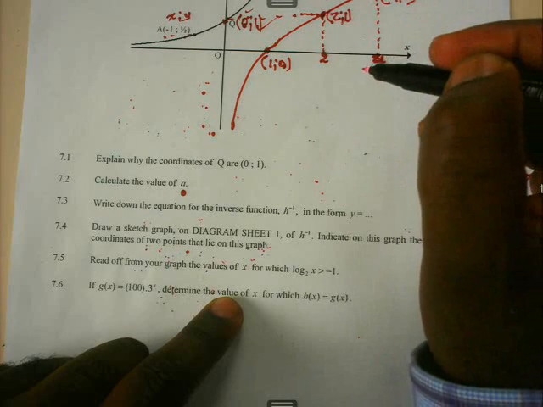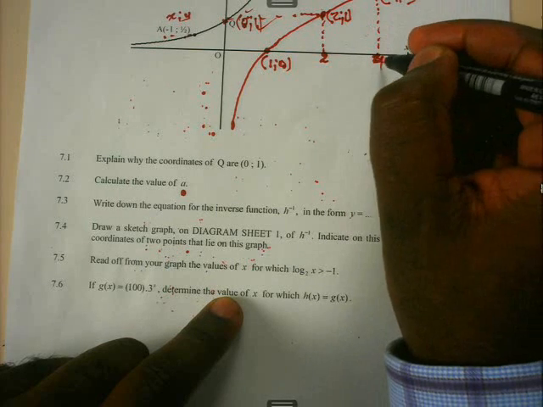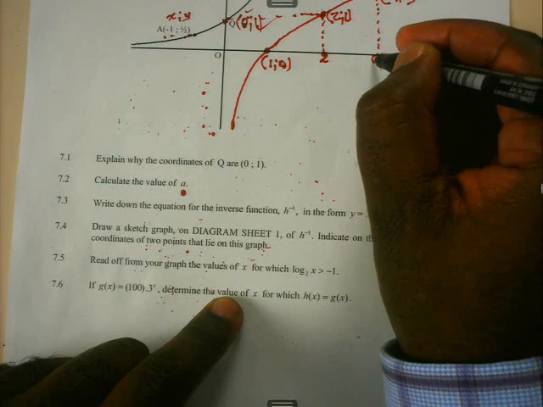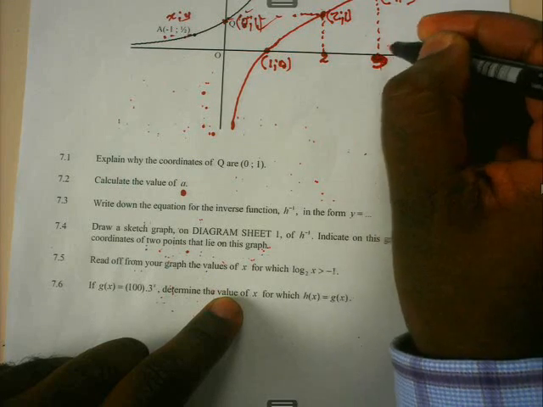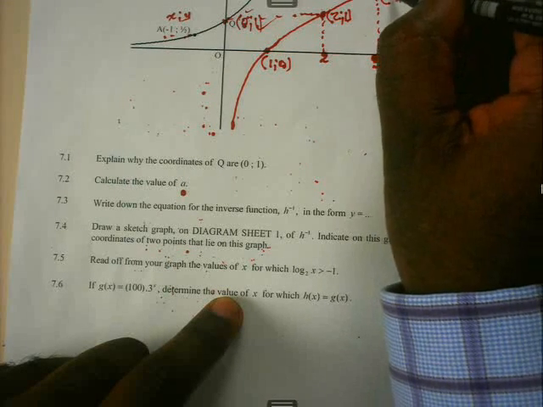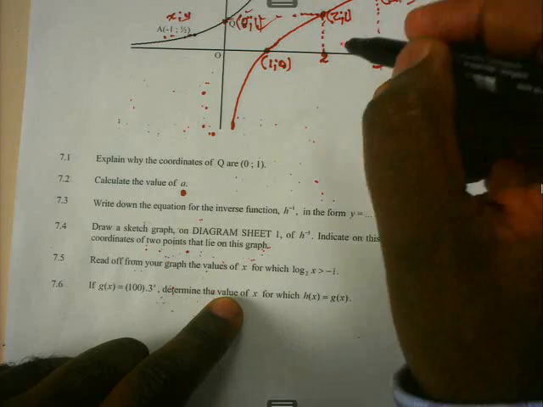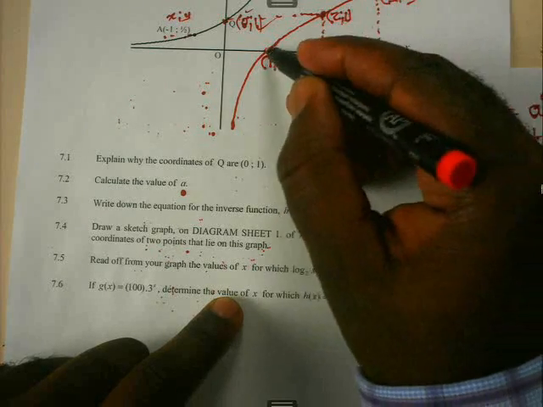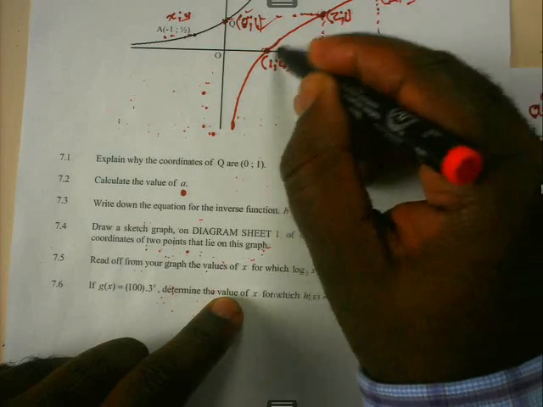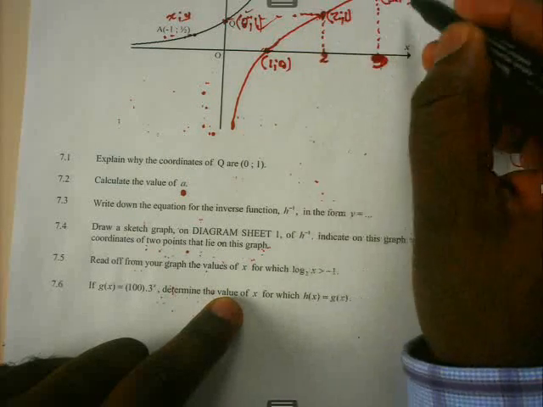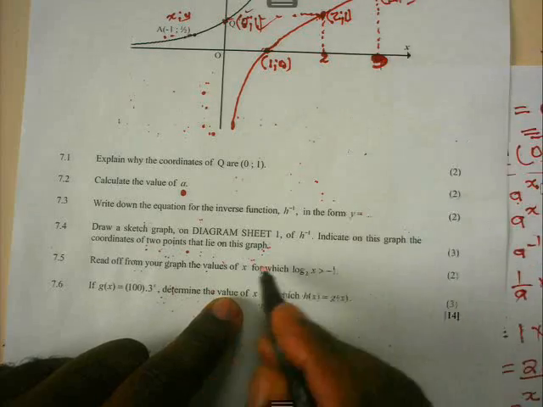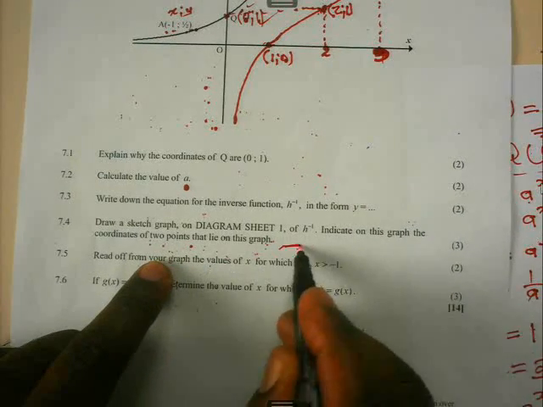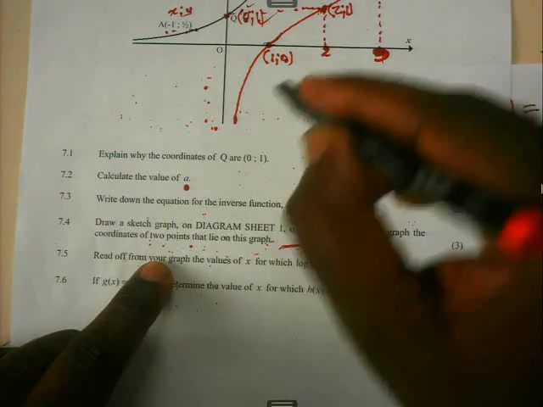That is that point. Maybe this should be 3. I think I was wrong here. It should be 3, so that we have 3 and 2. It must always be 1 unit less. So maybe we can take these as the 2 points. But please, you need to indicate them when you are requested to. It's very, very important that we indicate those.